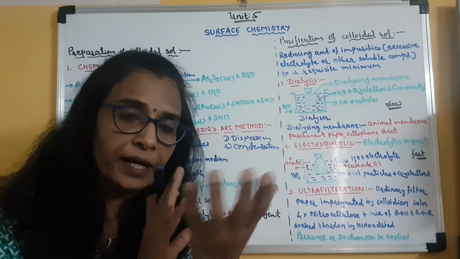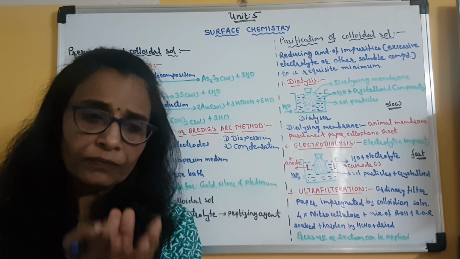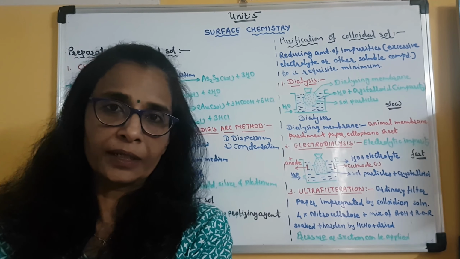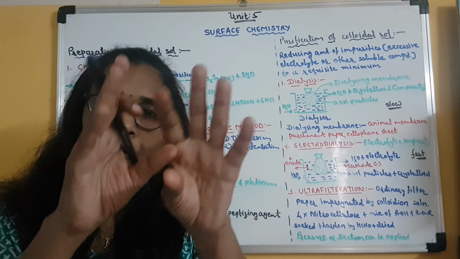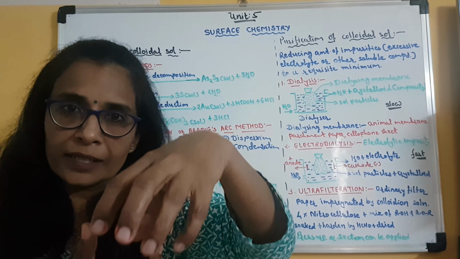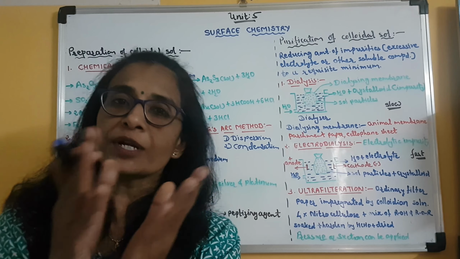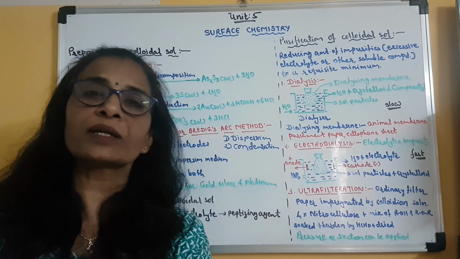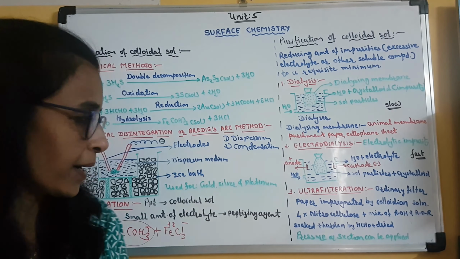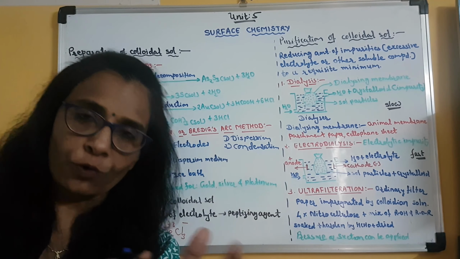Got it? So using filter paper, we will get the impurity as filtrate. And colloidal particles cannot pass through the filter paper, so they will remain on the funnel as a residue. Then using a proper dispersion medium, the stable colloidal sol can be prepared again. But again, this ultrafiltration is quite slow.